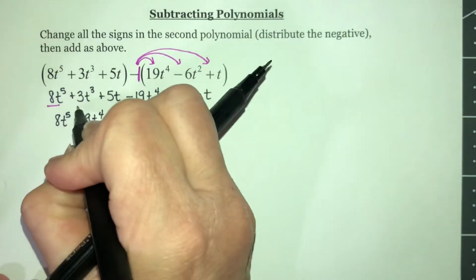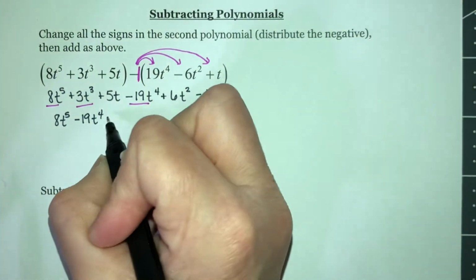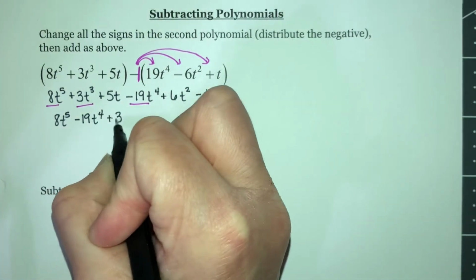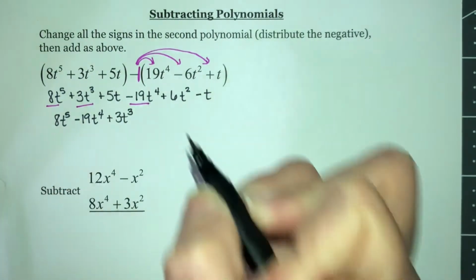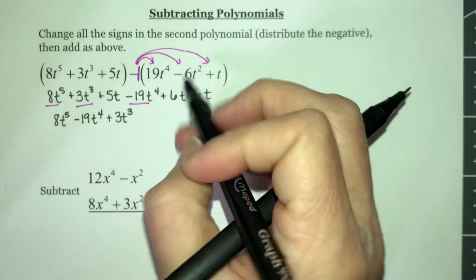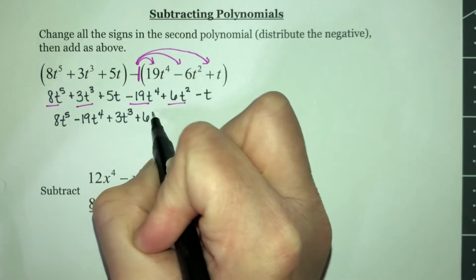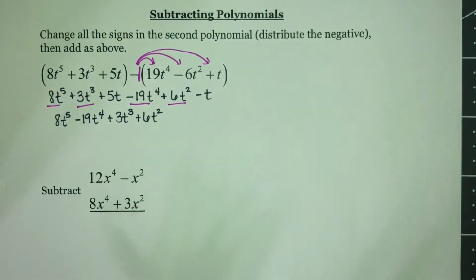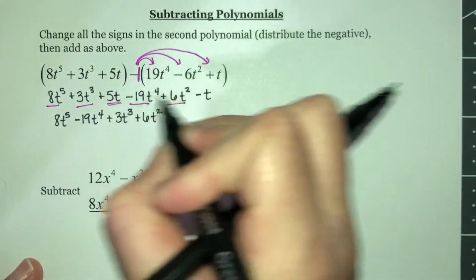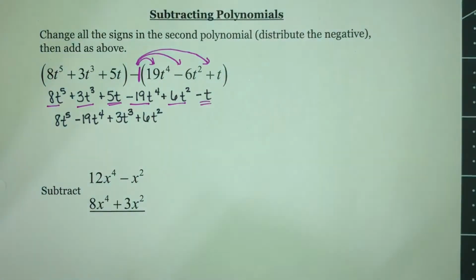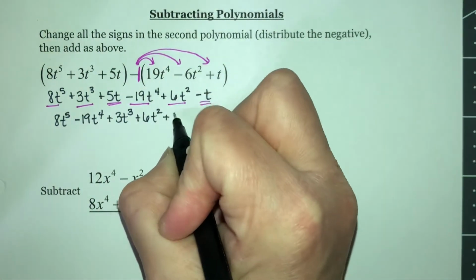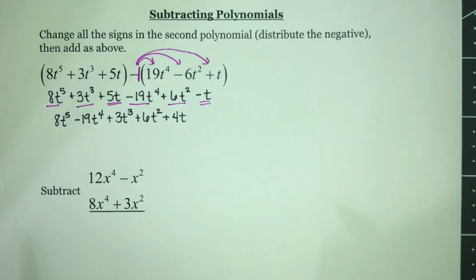And then a 3rd with no other 3rd power. And then a 2nd power with no other 2nd power. And then finally, we have a t and another t, so we can finally combine something to get a plus 4t. And that would be our answer there.